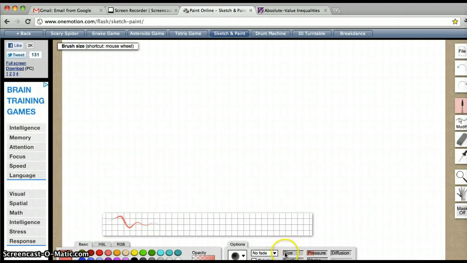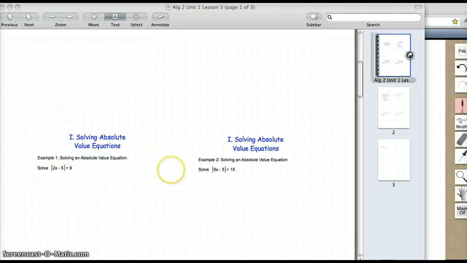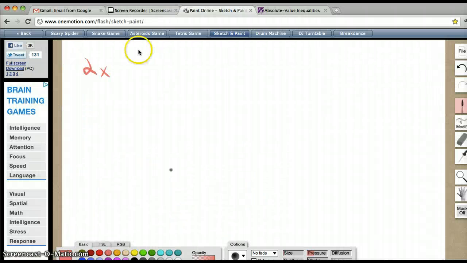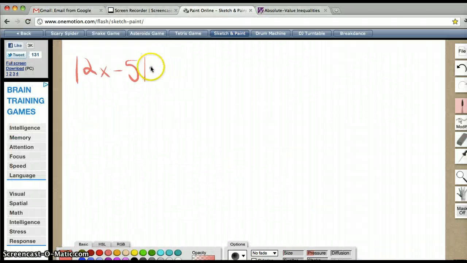All right, so here we go. We've got 2x minus 5, and it's an absolute value, so let's put our absolute value bars here, and we've got equals 9.